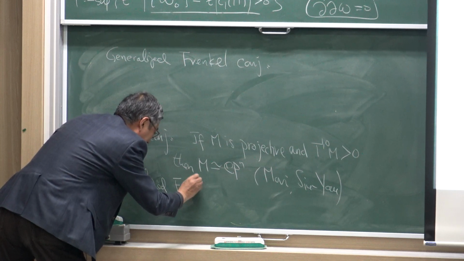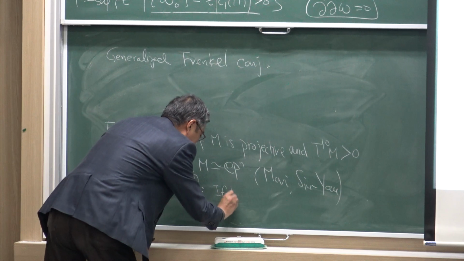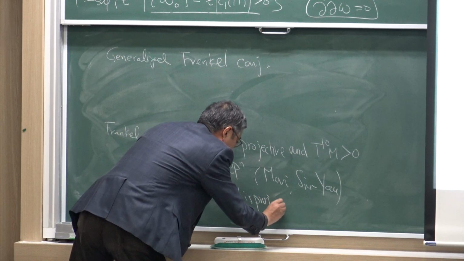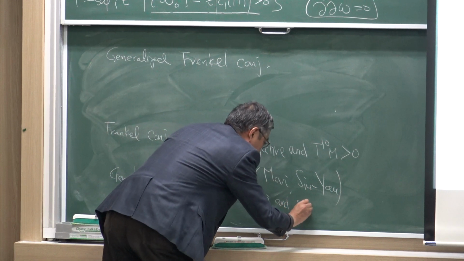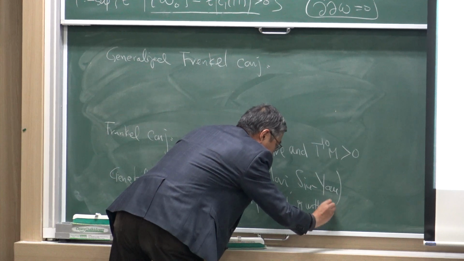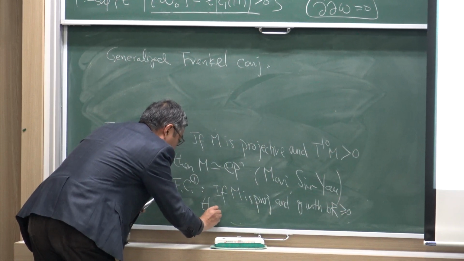Maybe version 1 is: if M is projective and admits a metric with non-negative bisectional curvature, then M is locally homogeneous.